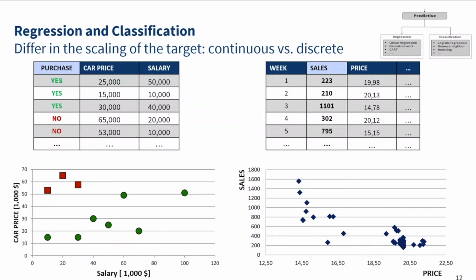Differences are not that much in terms of how the models work. How we evaluate models will again differ more substantially between regression and classification models, as we shall see. But that's pretty much it, how these two differ.